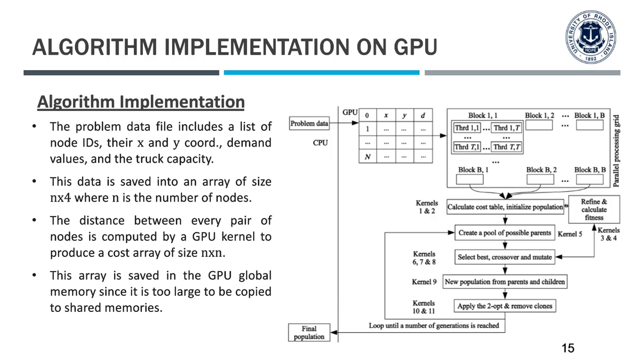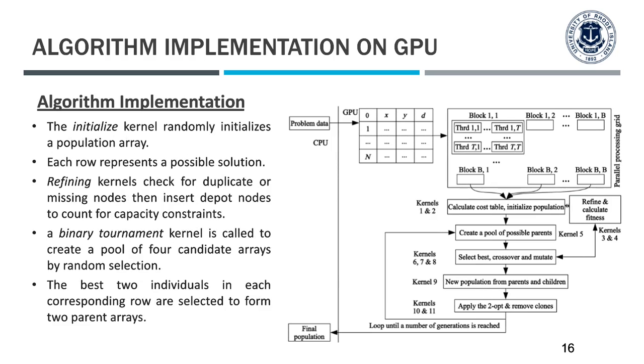The GPU calls its first kernel, the cost calculation, where every distance between every pair of nodes is computed by the GPU kernel, and creates a cost array of size n by n. This array is saved in the GPU global memory since it's too large to be copied to shared memories.